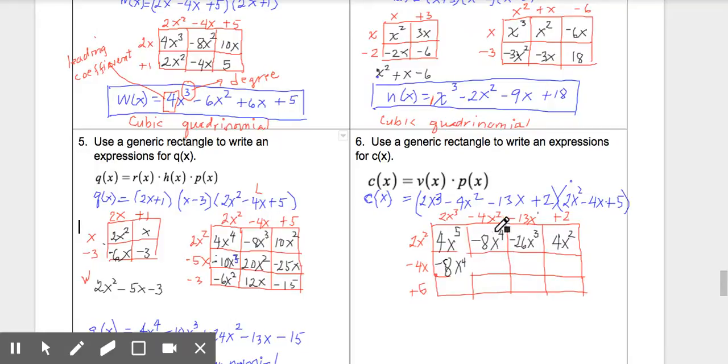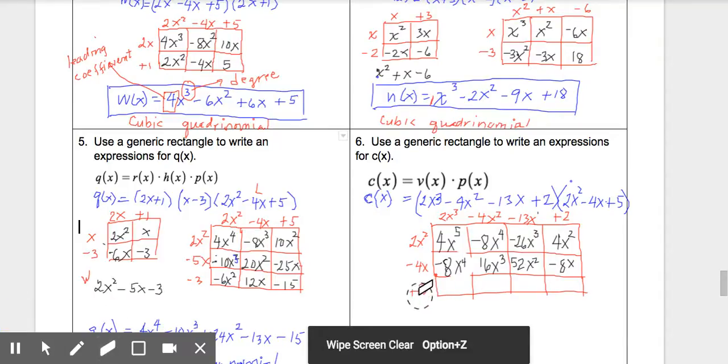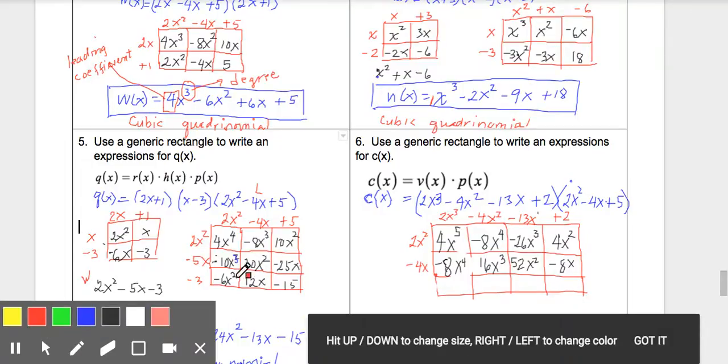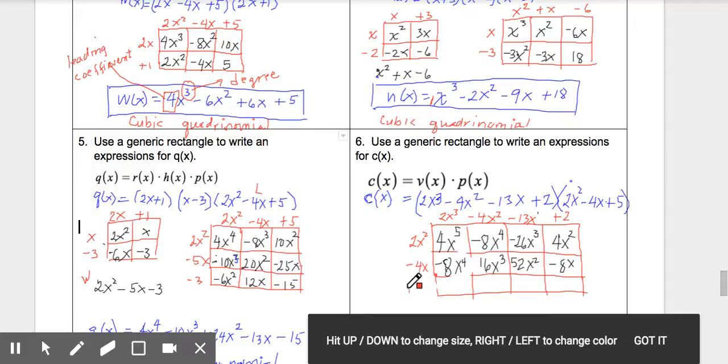Negative 4 times negative 4 is positive 16, and x squared times x is x cubed. Negative 4 times negative 13 is 52x squared. And negative 4x times 2 is negative 8x. Now this looks like a 6, so let's fix it. This is supposed to be a 5, plus 5.